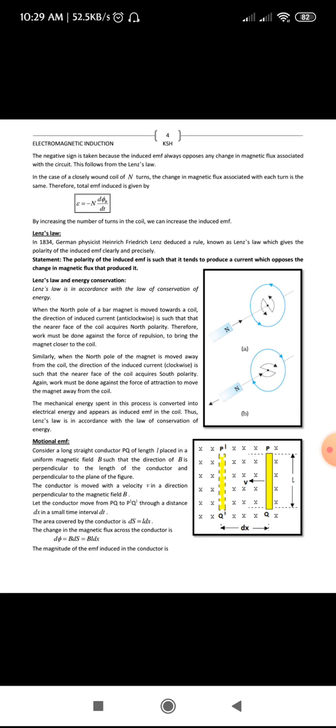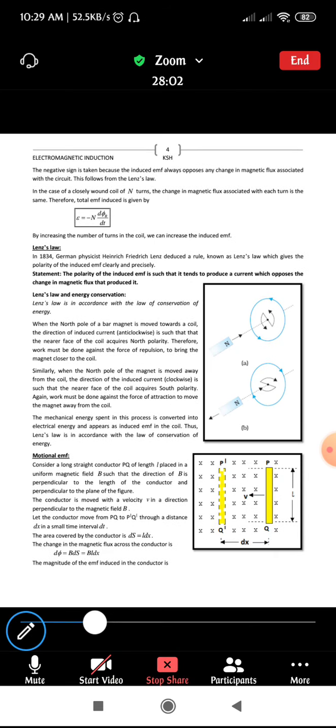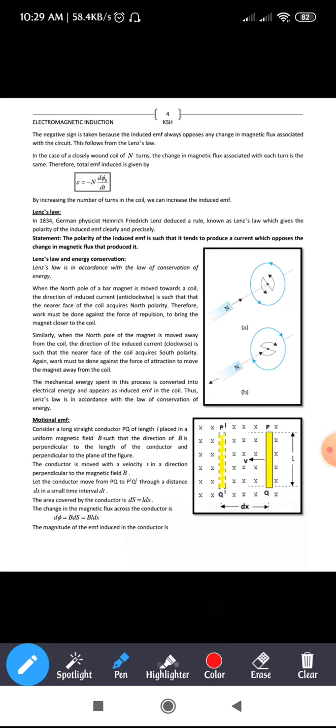You have taken a coil which has n turns, so the change in magnetic flux associated with each turn remains the same. Hence you can write the total induced EMF as E is equal to minus n d phi by dt.